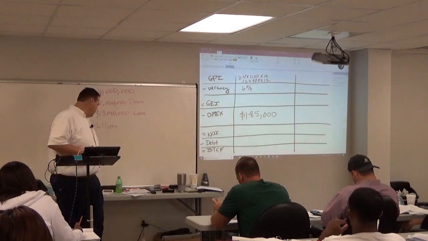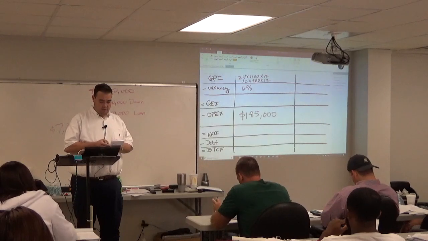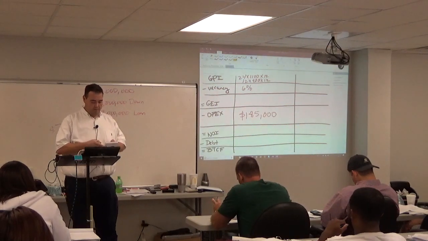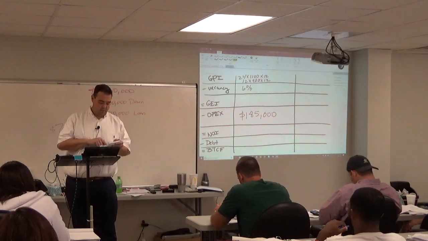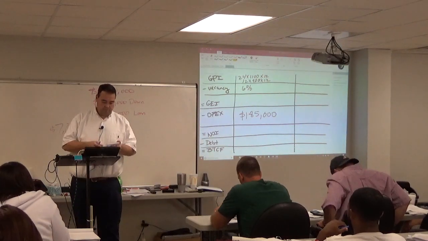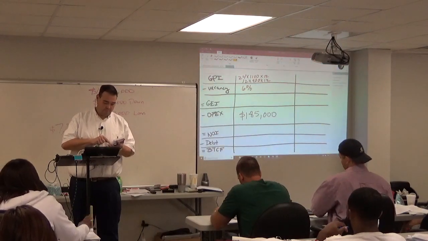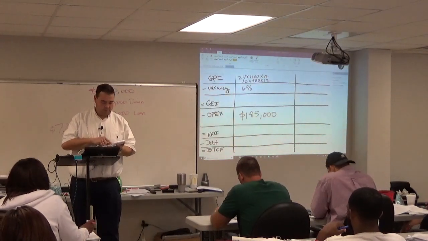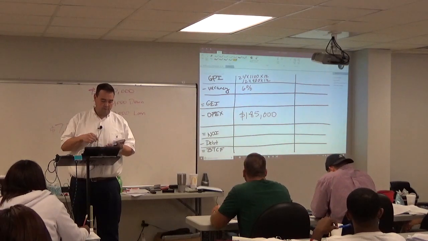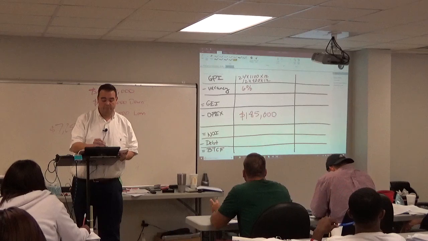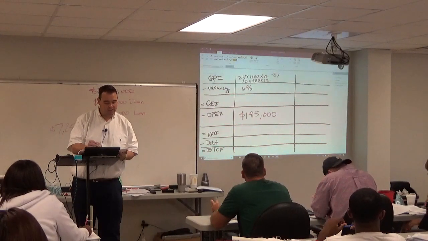So if I do my gross potential income, all right, 24 times 1,100 times 12. 316,800. There we go. 316,800 for just those units.